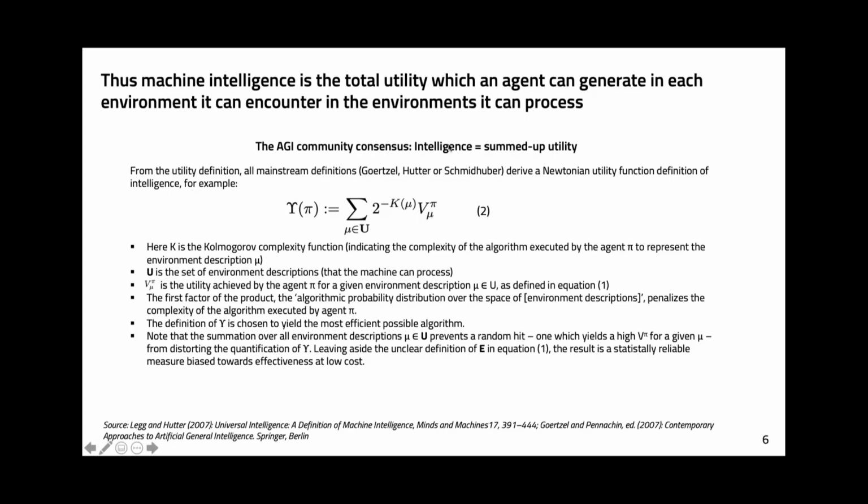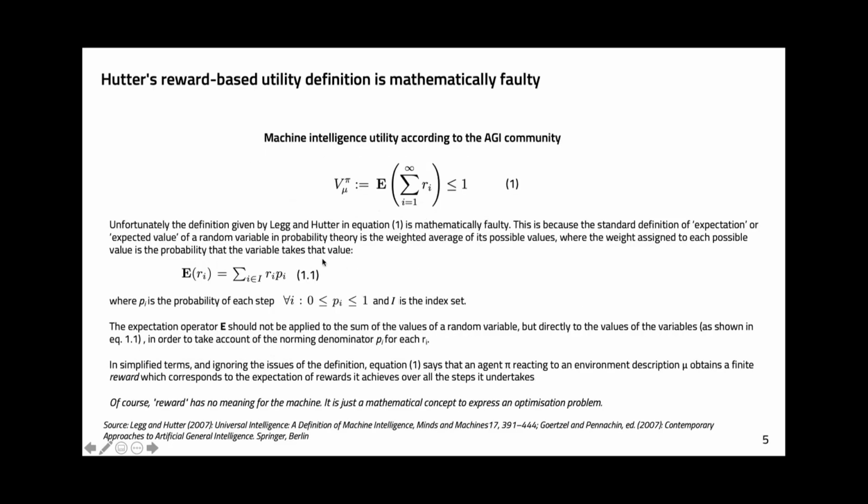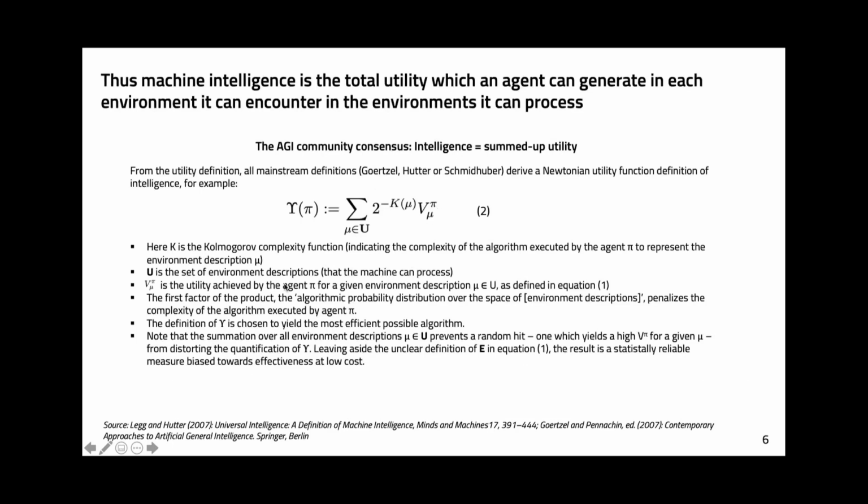If the definition of the utility function were mathematically sound, which you could easily do by replacing it with this, then the entire equation would mathematically make sense. So it is a proper definition of a weighted utility function. That's what it basically is.